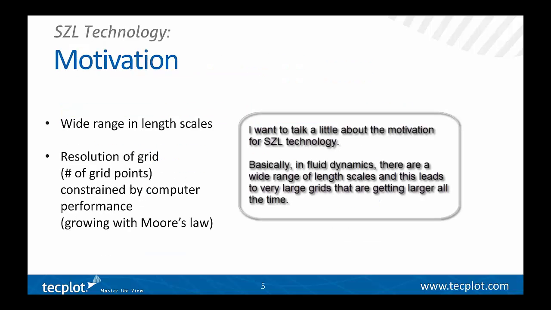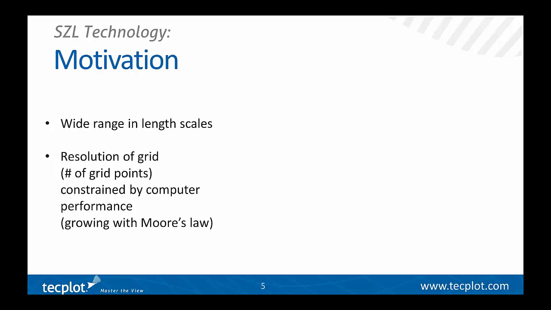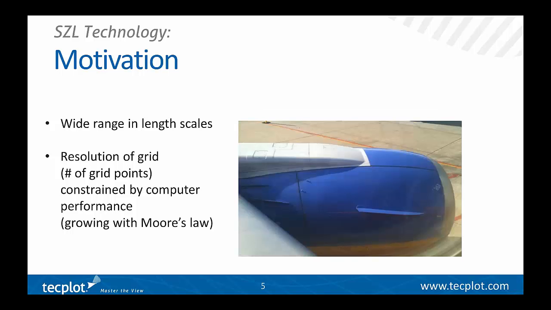So I want to talk a little about the motivation for the Sizzle technology. Basically it comes from fluid dynamics: a wide range of length scales and very large grids that are getting larger all the time. I want to give you a concrete example. This is looking out a window of a 737, and you can see this object on the engine nacelle.